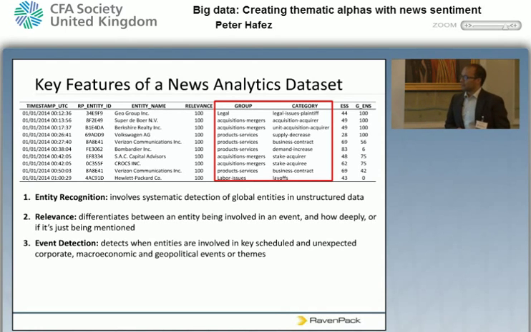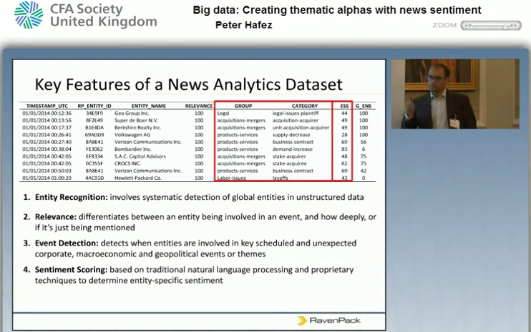We also, on top of that, do actual event detection. And this is where we start focusing on the roles that companies or places or organizations play in a particular event, whether they're the target or whether they're just playing more of a supporting role. So for instance, for an analyst rating, where Goldman Sachs is upgrading Toyota, Toyota will have higher relevance, and they will take the role of, or they will have the event analyst ratings upgrade, for instance.